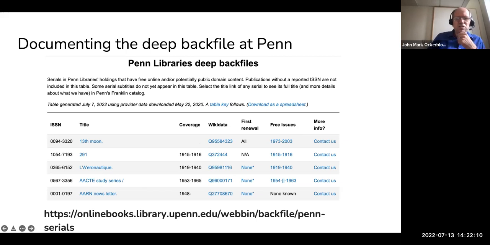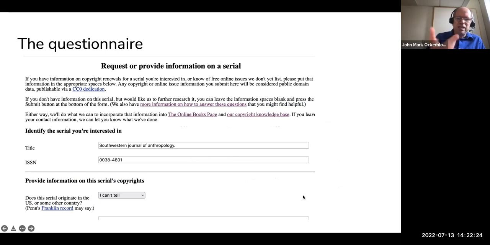When people were researching serials in this deep backfile, they would basically go down to one of these things where the first renewal column here says unknown. And then they would click on the link on the right that says contact us, and they would be taken to a questionnaire. So in this case, imagine somebody went down to the Southwestern Journal of Anthropology and they clicked on the link there because we didn't have information on this.